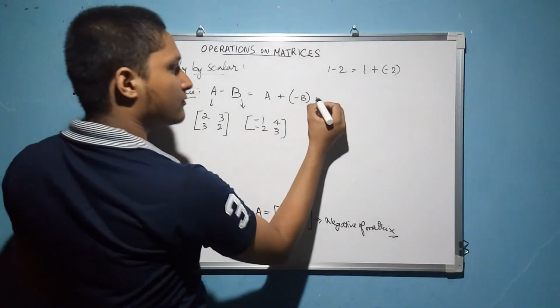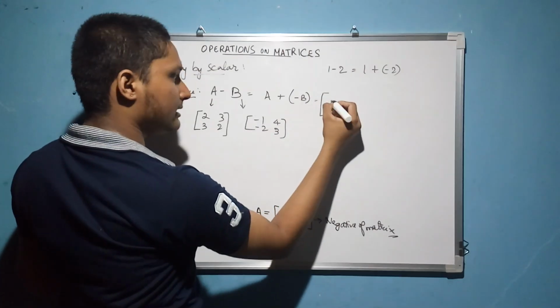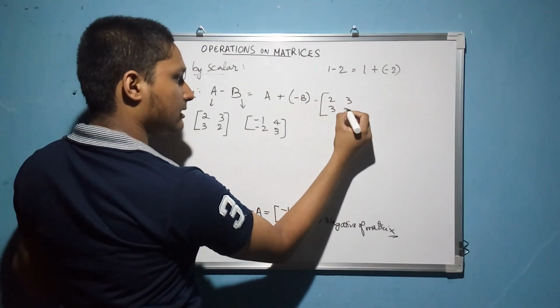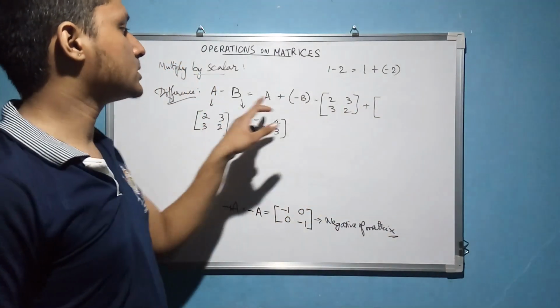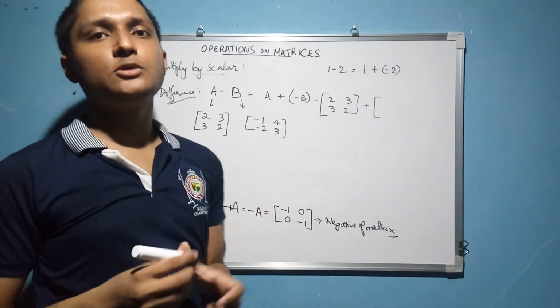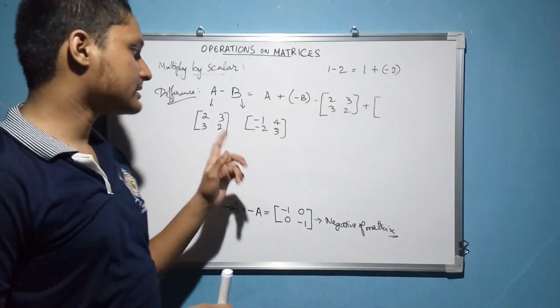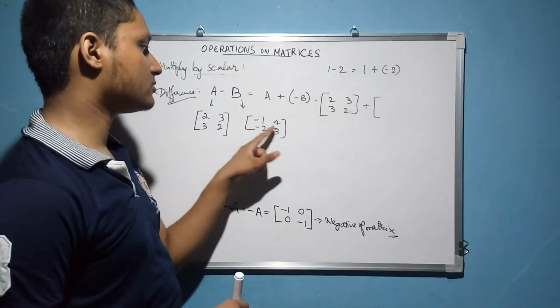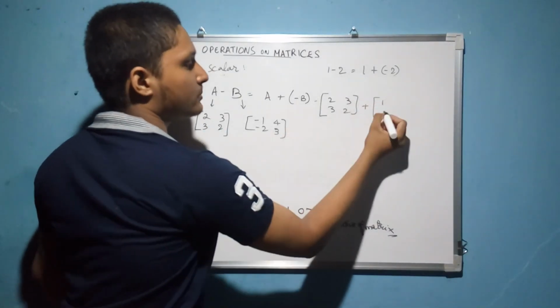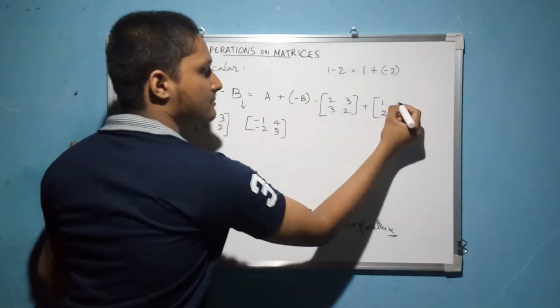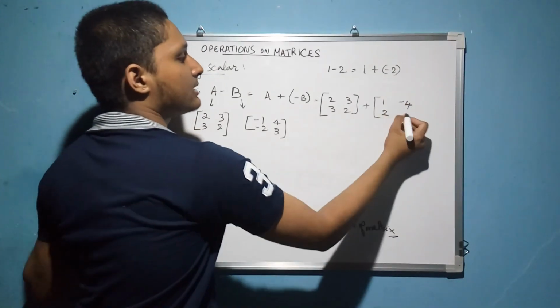For that we'll just write A here, that is 2, 3, 3, 2, and adding is very simple, right? So you have minus 1, so I need to multiply minus 1 by each element. So you have minus 1, minus 2, 4 and 3. So minus 1 becomes 1, minus 2 becomes 2, 4 becomes minus 4, 3 becomes minus 3.